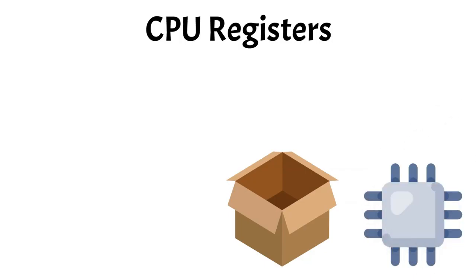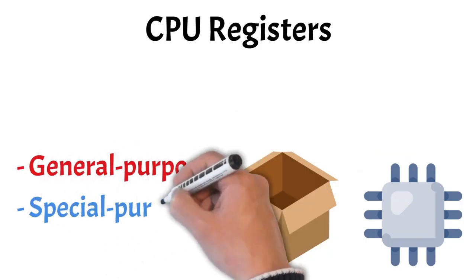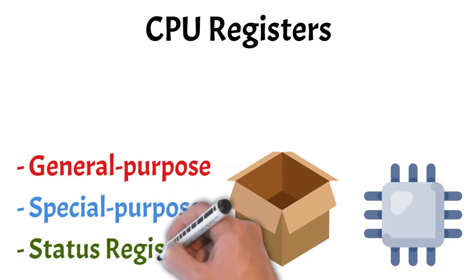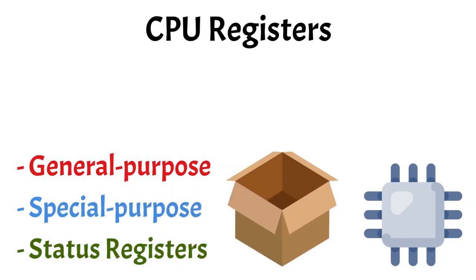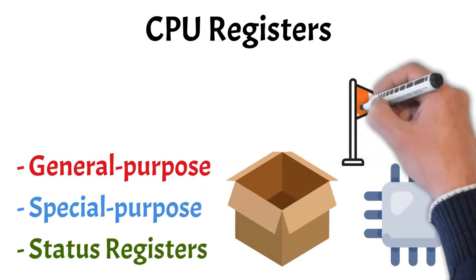There are different kinds of registers, each designed for specific purposes, such as general-purpose registers, which can hold data for various operations, special-purpose registers, like the instruction register, which holds the current instruction being executed, and the program counter, which keeps track of the address of the next instruction, and status registers, which maintain information about the current state of the CPU, including flags for arithmetic operations.